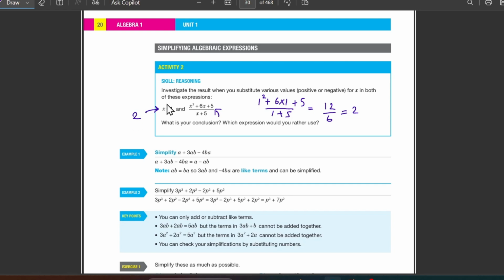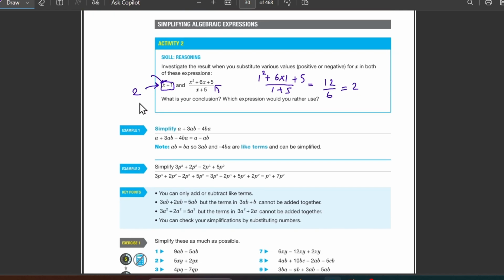It's that easy. We just have to add 1 to the value we thought x is. They are asking what is your conclusion, which expression would you rather use. So this one is easier.